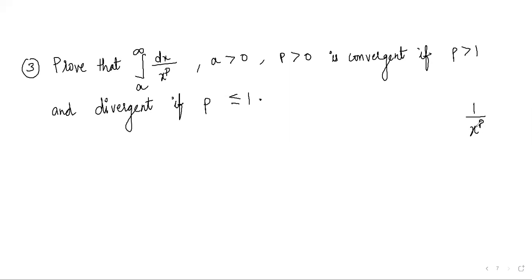So depending on the value of p, we will be writing this integral. The first case will be when p is not equal to 1, and the second case will be when p is equal to 1. So let us consider these cases.